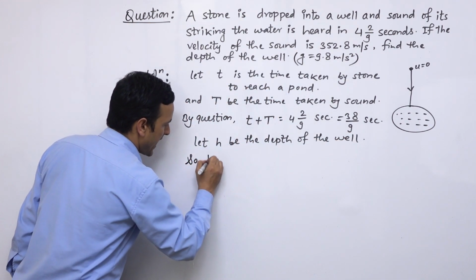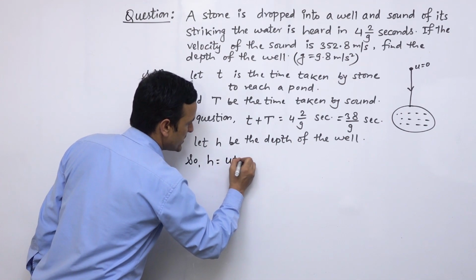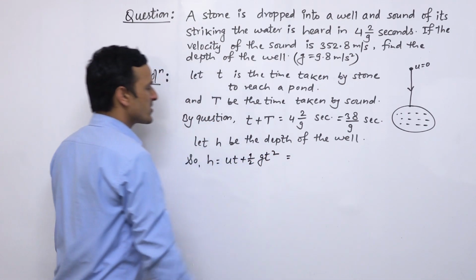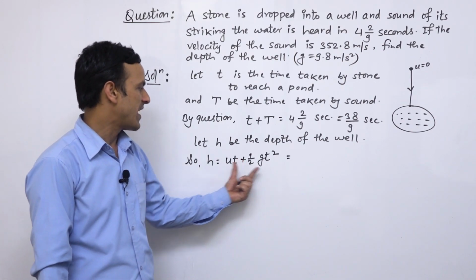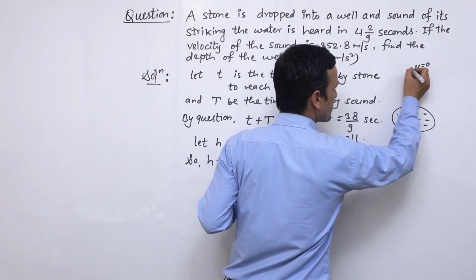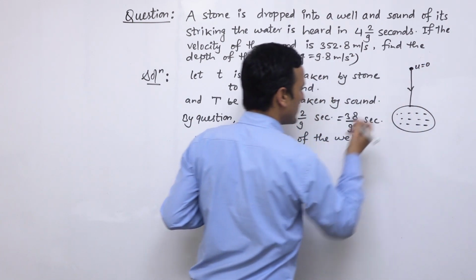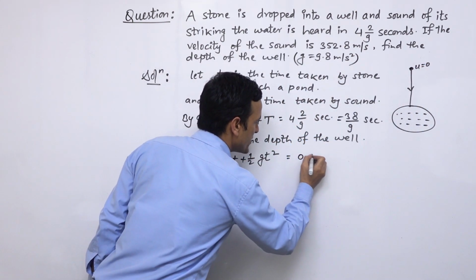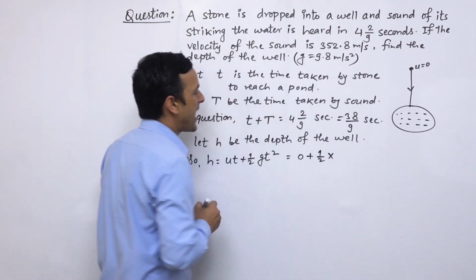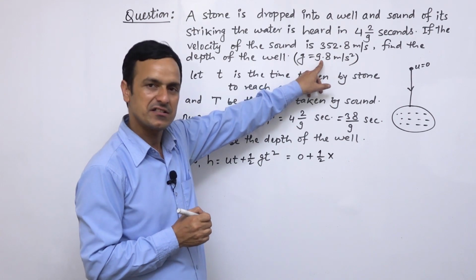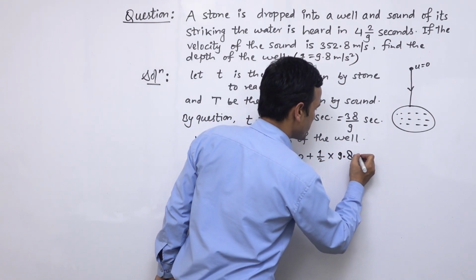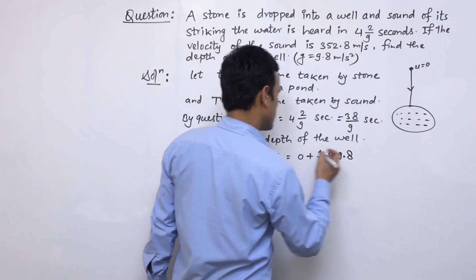So H is equal to ut plus half g t square. This is the formula to find the depth of the well. But if the stone is dropped from this position, its initial velocity will be 0. So write down 0 and 1/2 times the value of g, which is also provided, 9.8 times small t square.